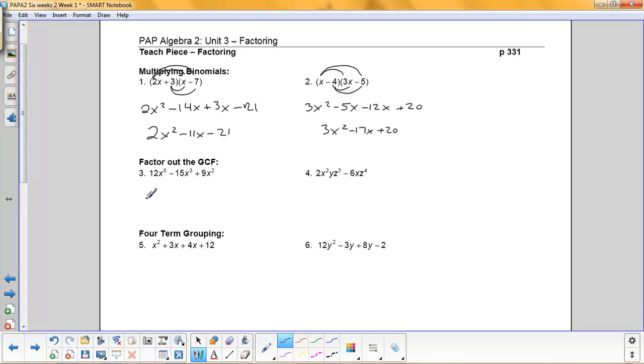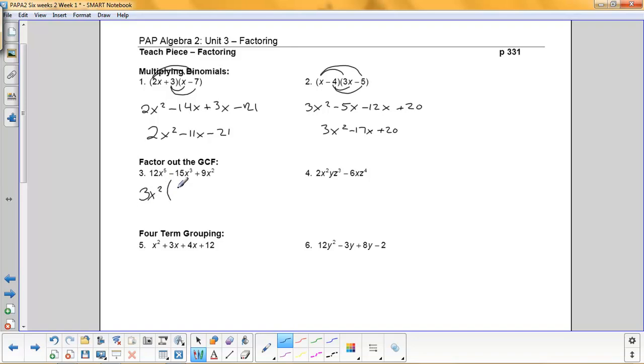The next thing I'd like to look at is how to factor out the greatest common factor. This is the first step that you want to take to factoring. It'll make your problems a lot more simple, it'll make them easier to solve, and in some cases it'll make them factorable. So the first thing you want to look for here is your greatest common factor. That is the number that shows up in all three terms. That is going to be 3x squared.